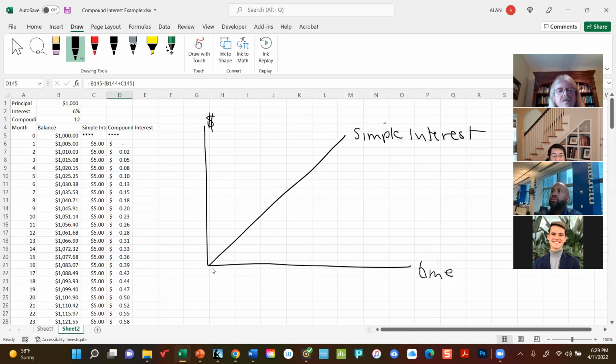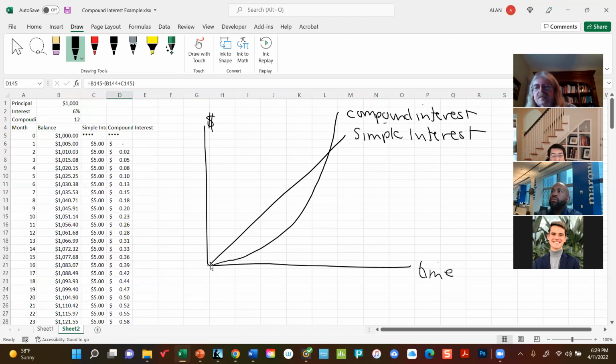The compound interest starts out very small, but then it catches up, and when it does, it starts to exceed the simple interest. So ultimately, what really determines the compound interest is the compounding frequency.